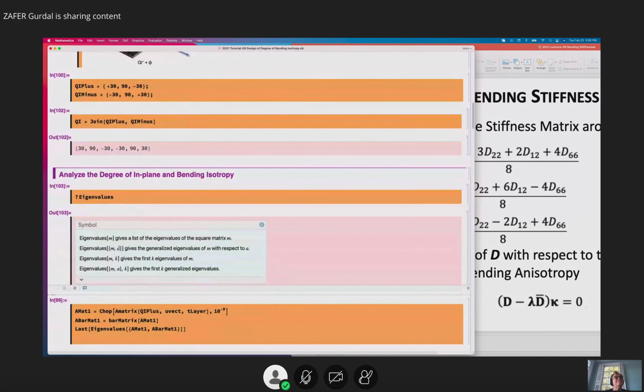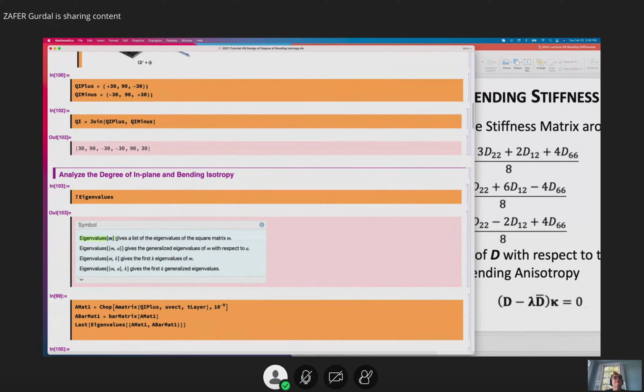Eigenvalues is a mathematical command. If you give a matrix M, it gives the list of eigenvalues of the square matrix M. M has to be square. If you give eigenvalues M, comma A, it gives the generalized eigenvalues of M with respect to A.